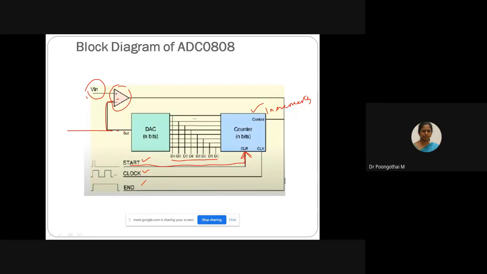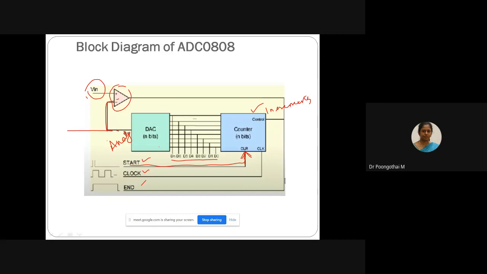Now this counter output is in digital form. First we applied the start conversion, and based on the clock pulse the counter value gets incremented and in parallel generates digital outputs. This counter output is given to your digital to analog converter, and the output of this DAC is analog.